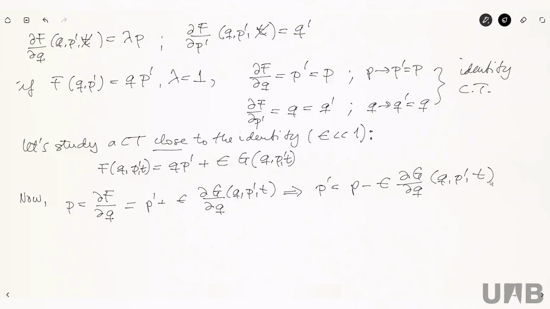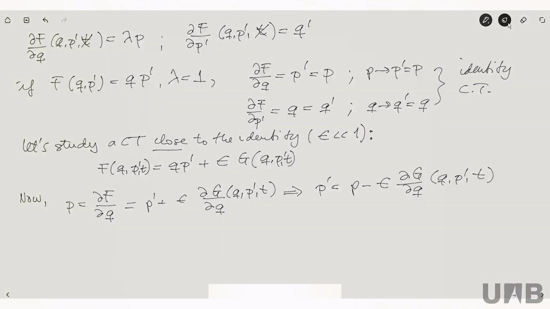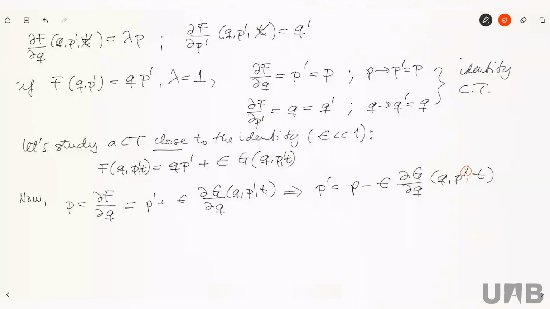But to first order in epsilon, so let's do this thing to first order in epsilon, I can forget about this prime here, right? Because the difference between p prime and p is of order epsilon. So if instead of p prime here I put p, the difference is of order epsilon times epsilon, which is order epsilon squared, okay?